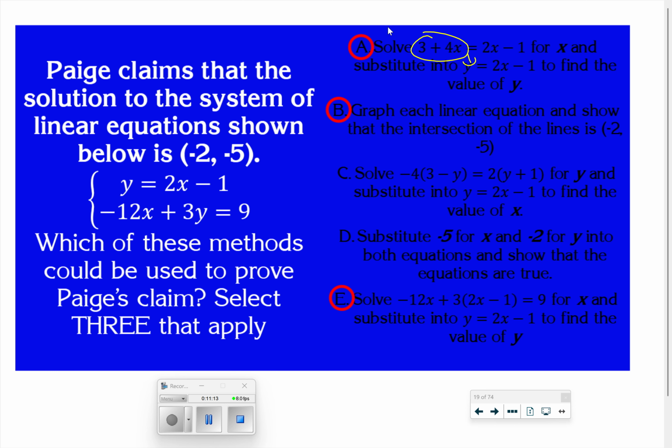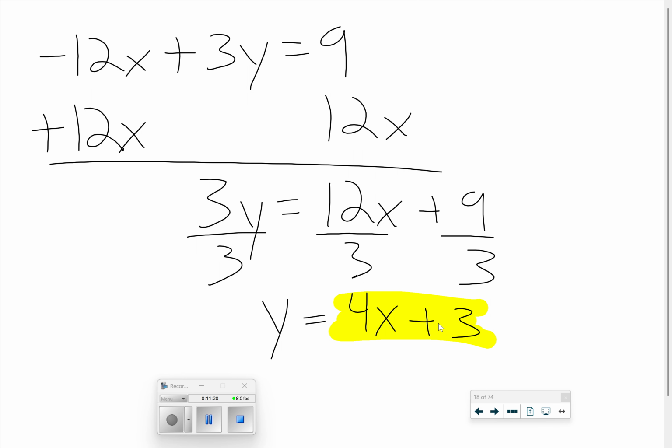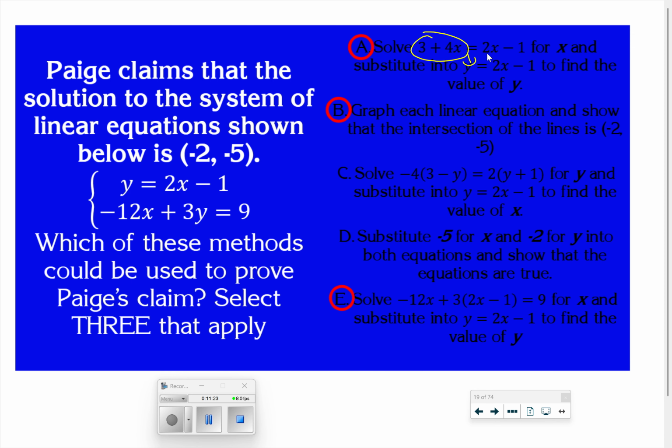And then that's A here, where we solve for it and get 3 plus 4x. Let me go back. 3 plus 4x, right? And then set it equal to 2x minus 1. Set it equal to this one here and see what you get. Okay, and you find x and then you plug it back in to solve the value for y to see this (-2, -5). All three of those are the ways that you could prove that Page's claim is correct.